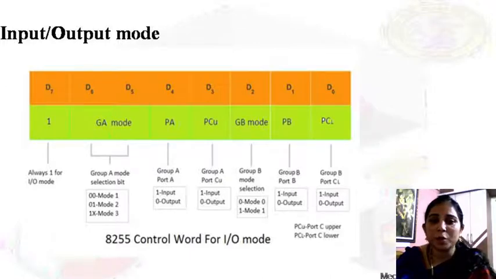So the options are 0 0, 0 1, 1 don't care, that means 1 0 or 1 1. By this control word register, we can judge that group A mode works under 3 modes.